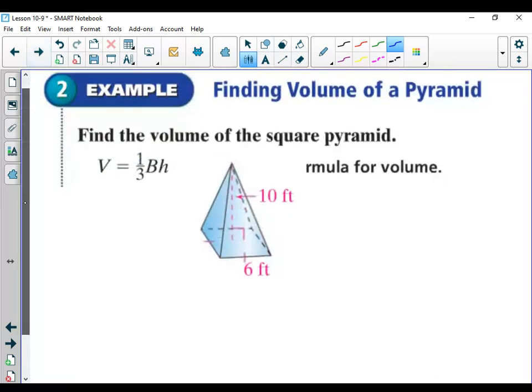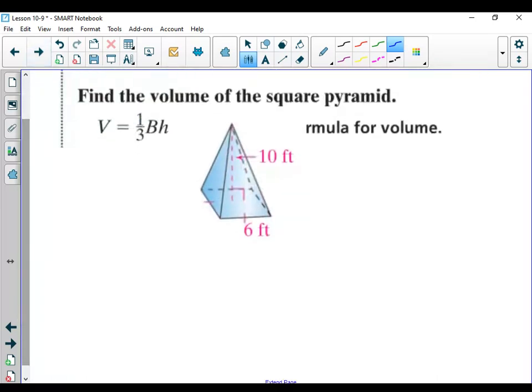Second box. The shape of this base is a square where I will find the area how, Bryn? 1 side times 1 side. If it was a cone, Mason?